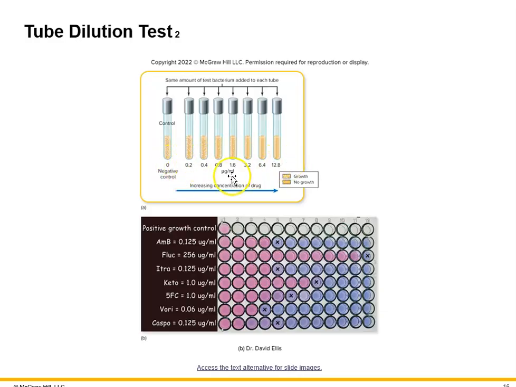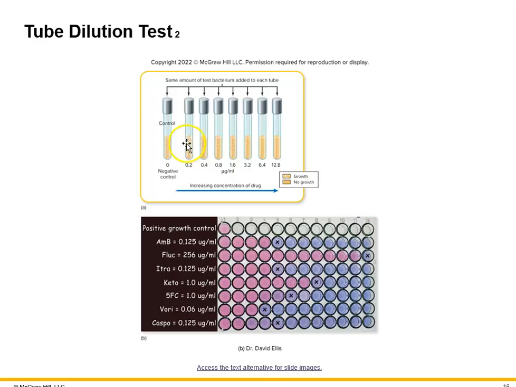Then the rest of these tubes have different concentrations of the drug that we're testing. Here it shows 0.2 micrograms per milliliter, and then we're doubling it with every tube all the way up to 12.8 micrograms per milliliter. And we're looking for the growth of the microorganisms within each of these tubes.